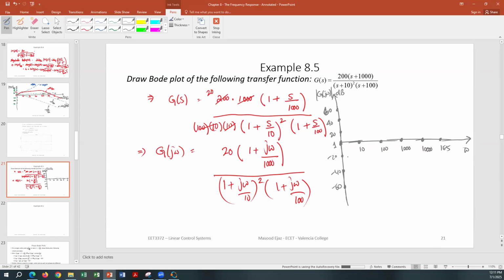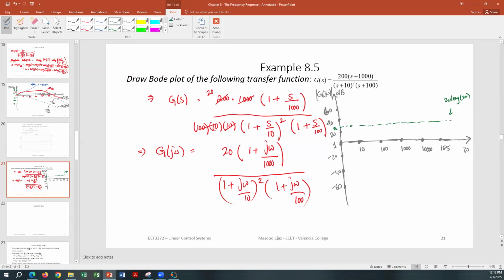So 20 log of 20. What is that? 26. So that's going to be 26 right here. That's constant over all frequencies.